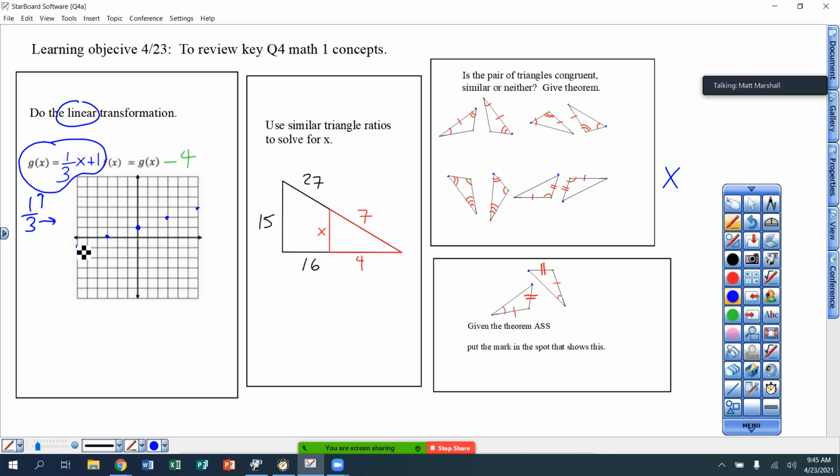Still on the same line. Don't mess up. I saw a lot of people yesterday going right 3, up 1, right 3, up 1, down 1, left 3, down 1, left 3, and then all of a sudden down 1, left 2. Jacked up. Be precise, troops. I could see that you're following the pattern all the way and then all of a sudden jacking it up. That line is the line g of x, the 1/3 x plus 1.